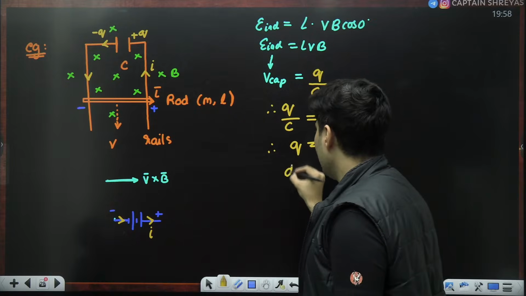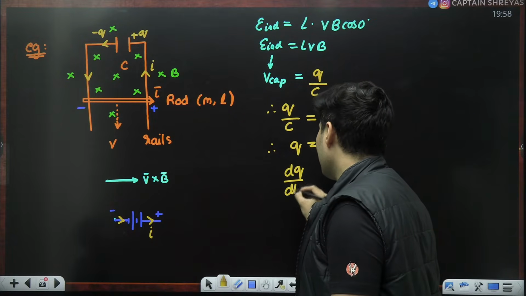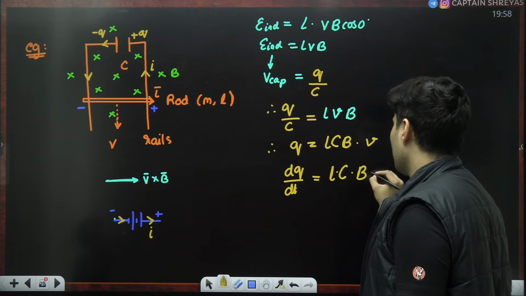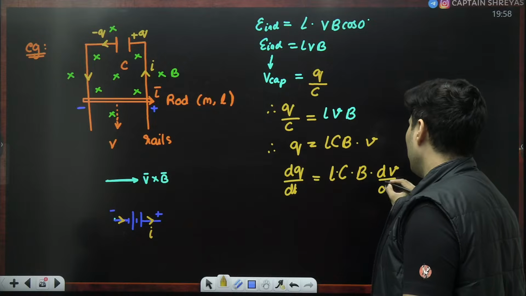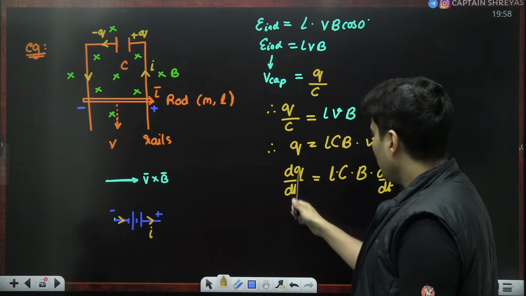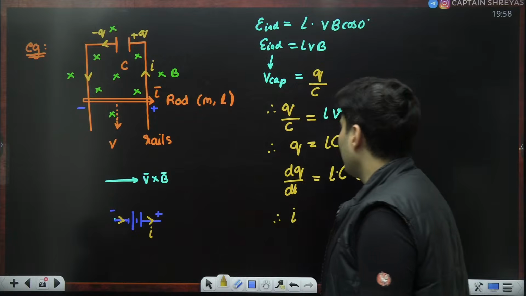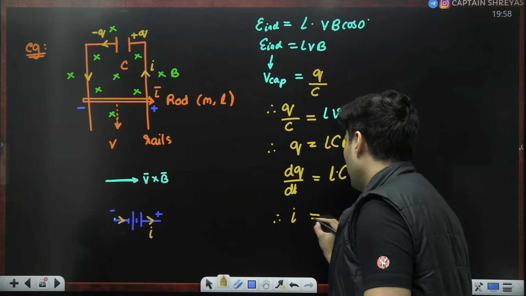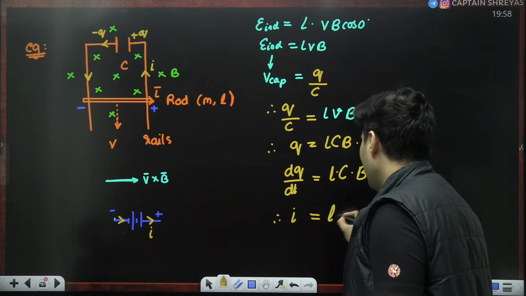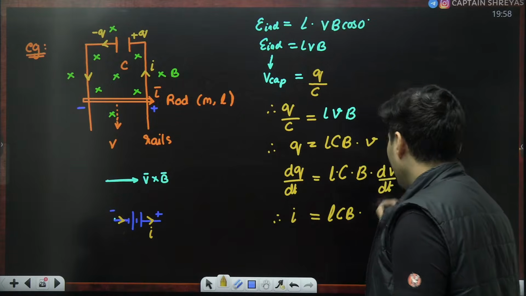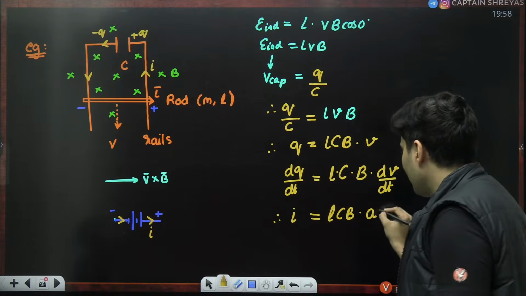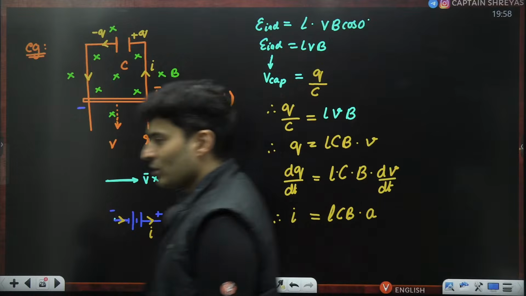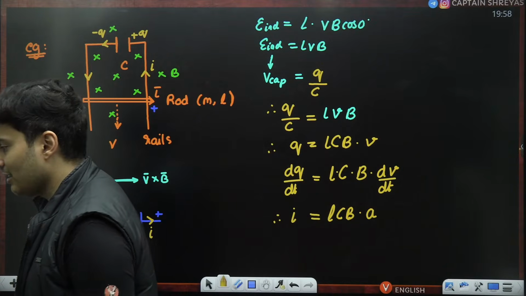If I differentiate this, dq by dt, L is a constant, capacitance is a constant, magnetic field is a constant, I will be left with the derivative of velocity with respect to time. dq by dt is going to give me the current. So rate of flow of charge is current. So this will be LCB into dV by dt, which is nothing but a, the acceleration. So you can see current and acceleration are related.